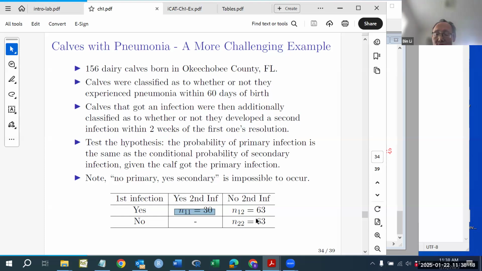And we have 63 calves that got no pneumonia infection at all, no first, no second. And we don't have this one. Why? Because if we have no first infection, of course we don't have a second infection. That's for sure, right? So this is the data we have.